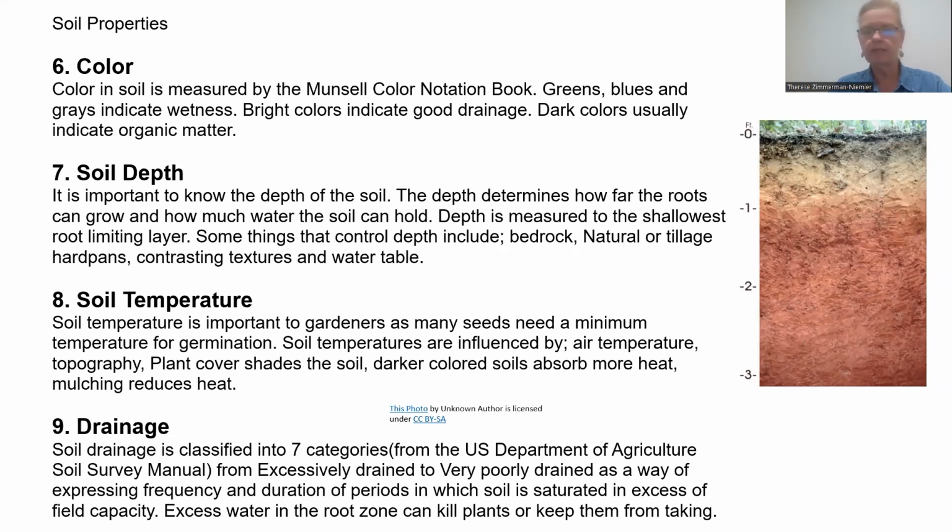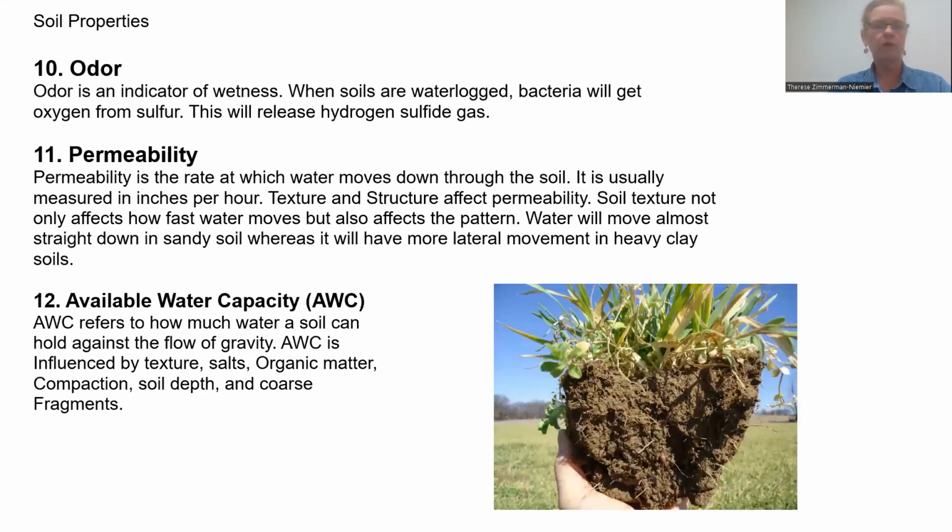Soil temperatures also indicate what kind of life it supports. There are different things that affect temperatures, such as shading and sun exposure. Knowing your soil temperatures is going to help you decide what things will and won't work in your soil. Drainage, again: how does water flow through? Odor is often an indicator, that sulfury smell of waterlogged soil.